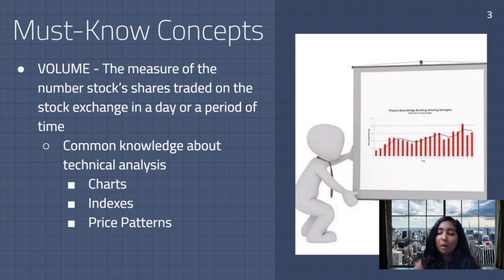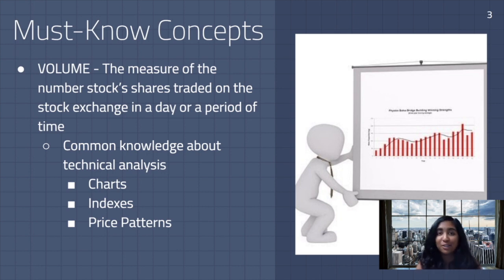Moving on, common knowledge includes knowing the different types of charts people use, the indexes, price patterns, and trends that are present. Of course, I'll not be covering everything that's there because that would take a really long time, but as always, we're going to go over simple concepts so it's easier to grasp.